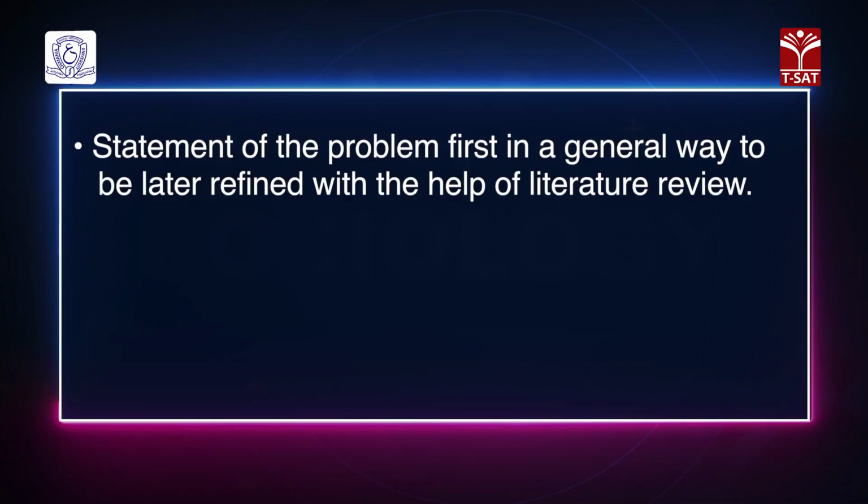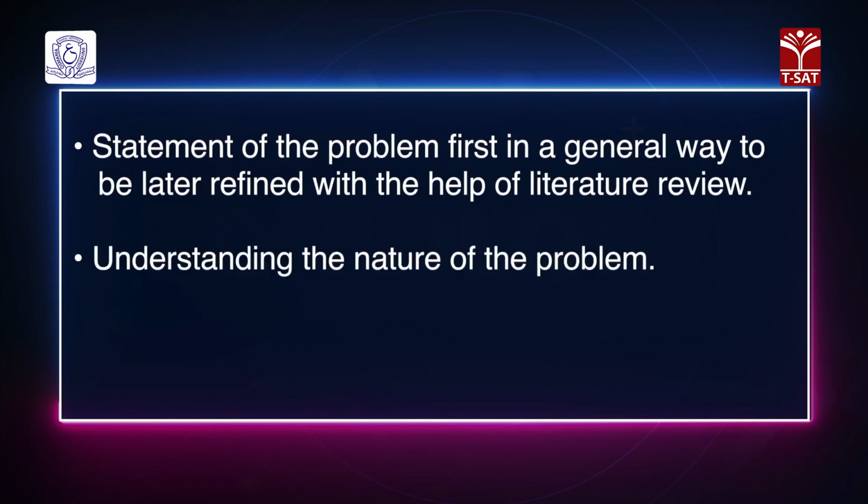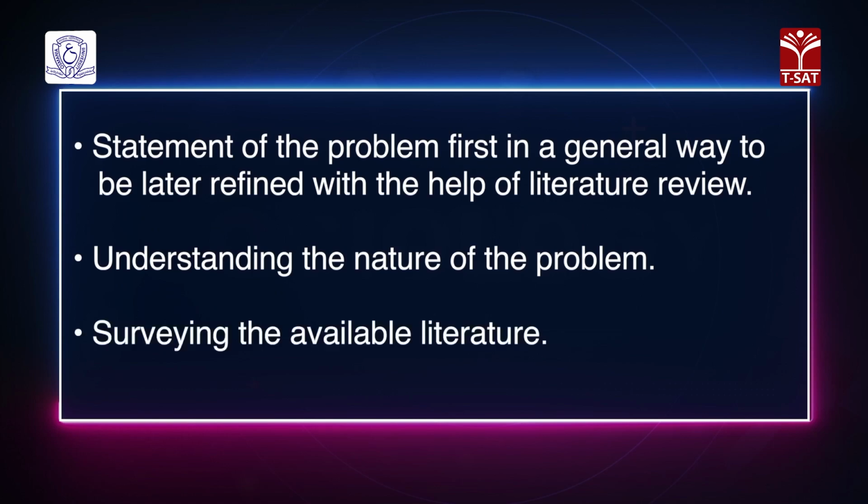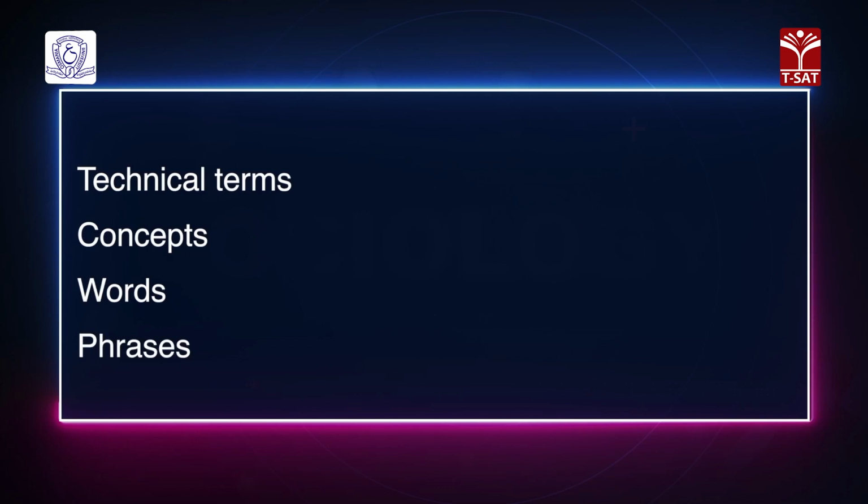The different steps to be followed while defining the research problem, therefore, are: statement of the problem first in a general way, to be later refined with the help of literature review, understanding the nature of the problem and surveying the available literature. While defining the research problem, technical terms, concepts, words and phrases used should be explicitly defined.